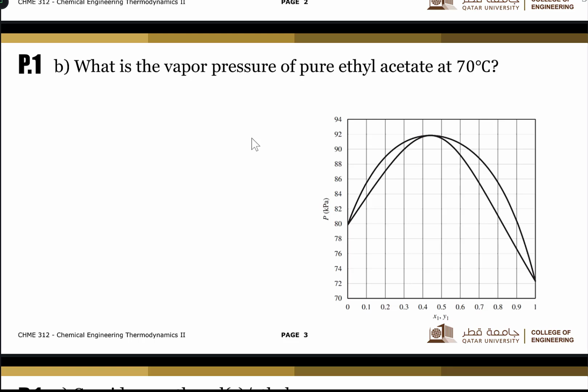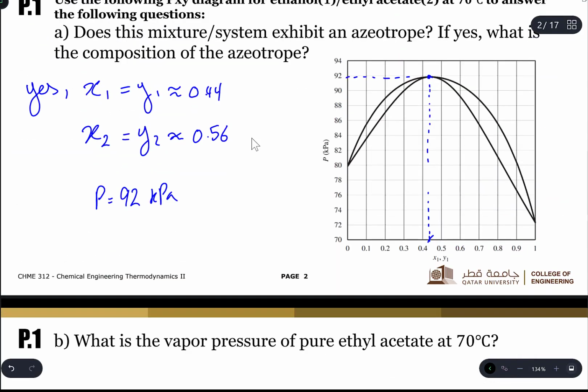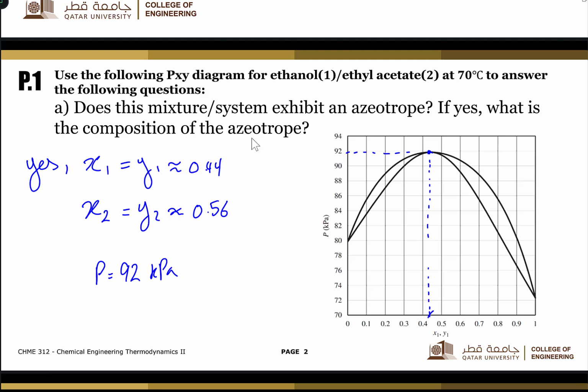So I go to x2 of 0.56, and then it's 1. Here on the plot, we plot the more volatile, which is typically component 1. Ethyl acetate is component 2. That means if I have 0 of 1, I have 1 of 2.